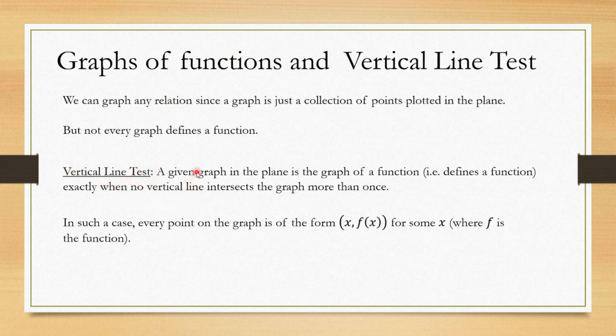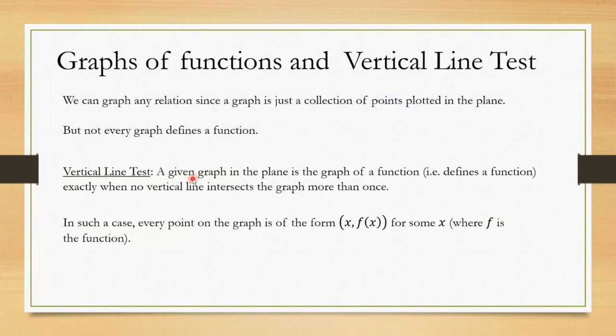What has to happen is, for the vertical line test, every vertical line you draw will either not intersect the graph or intersect the graph at most one time. When that happens, we say the graph passes the vertical line test. In other words, the graph is the graph of a function.